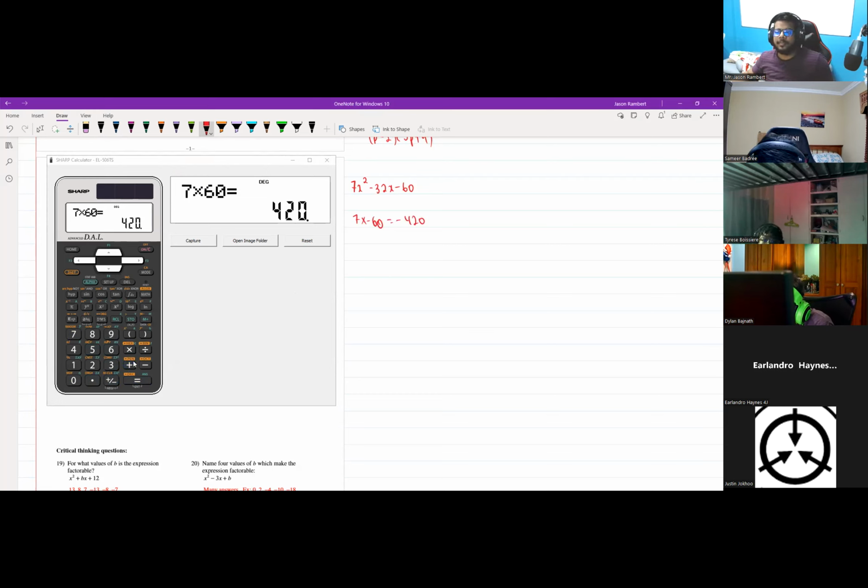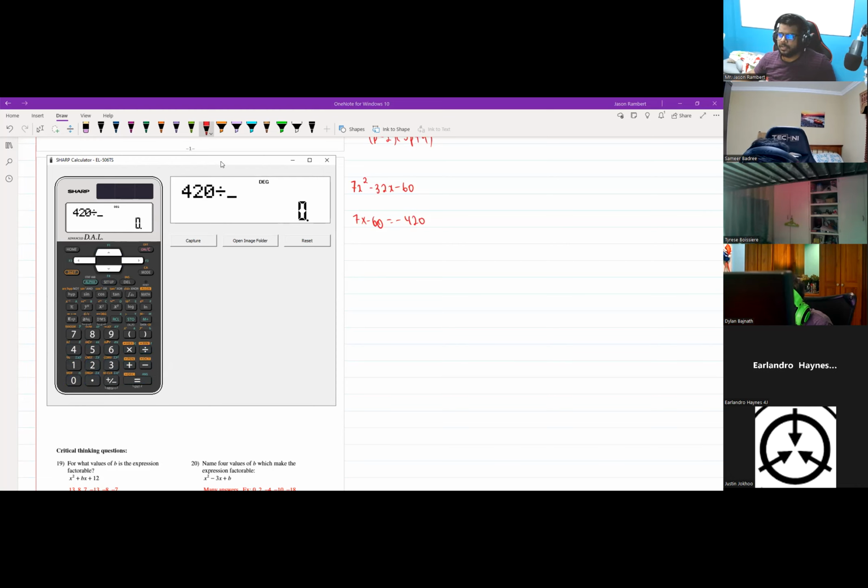So let me start to look for a pair of factors. 420 divided by what could we work with? 20? No, that goes too high. 420 divided by 30? That's not looking right either. 420 divided by 14? No. 420 divided by what?